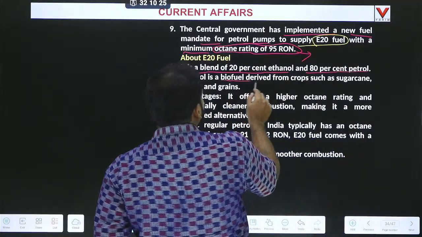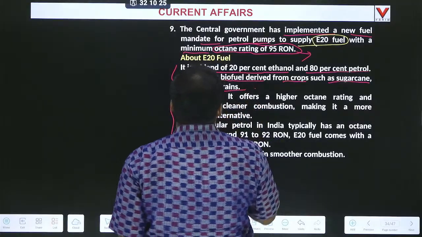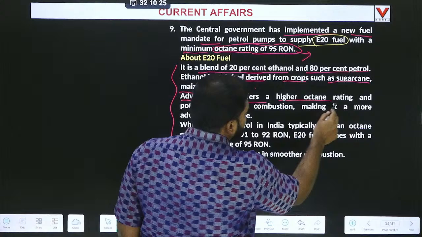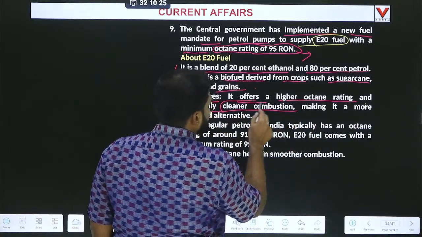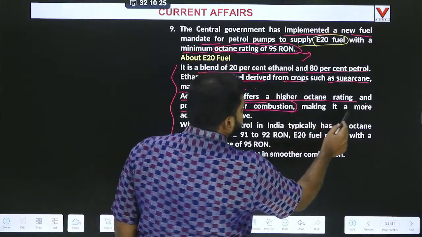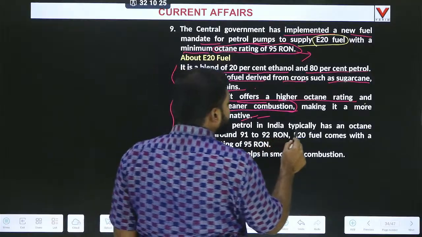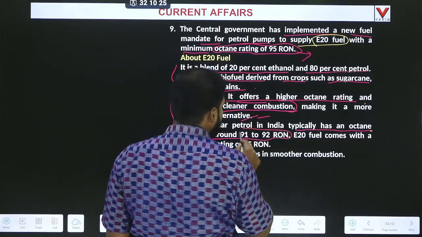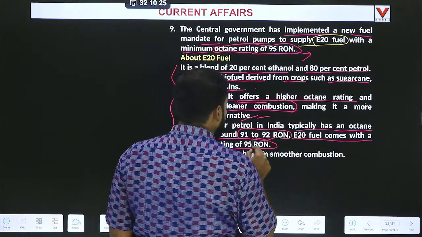Ethanol is a biofuel derived from crops such as sugarcane, maize and grains. Okay, that's why it is a biofuel. Advantages: it offers a higher octane rating and potentially cleaner combustion, making it a more advanced alternative, right? While regular petrol in India typically has an octane rating of around 91 to 92 RON, E20 fuel comes with a minimum rating of 95 RON.